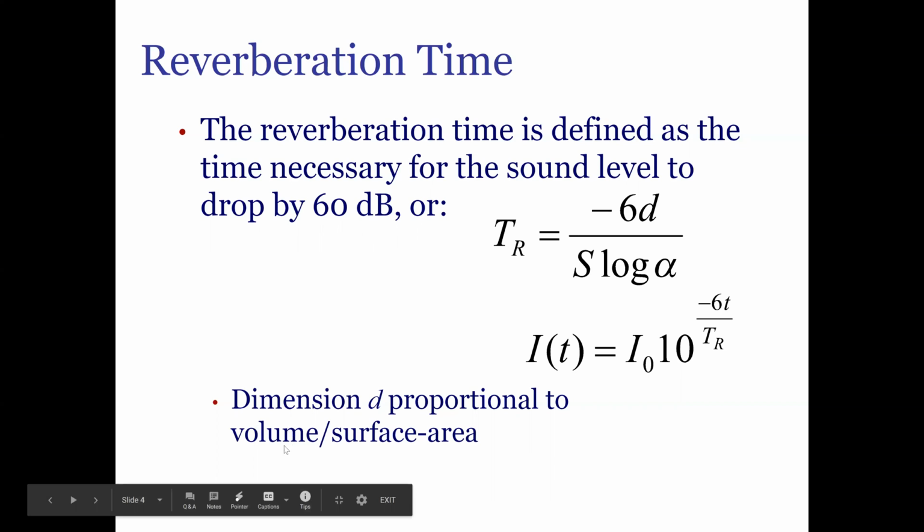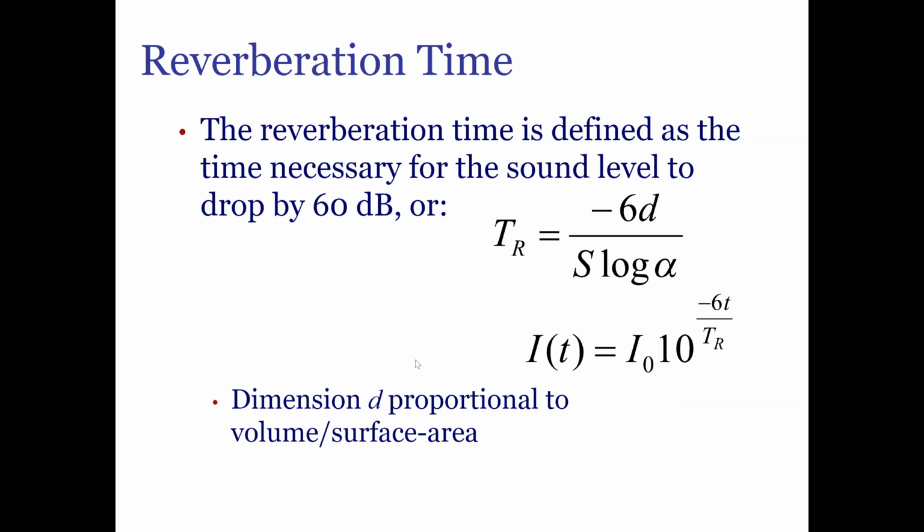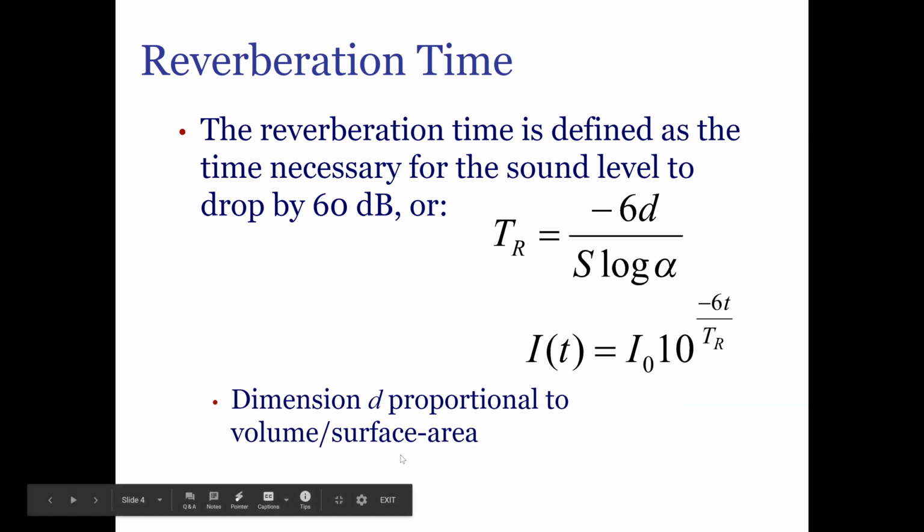Correspondingly, if you could keep the volume constant somehow, but increase the surface area, that would give me a smaller D and a smaller reverb time. There are a couple of questions in the homework that ask what happens if you change the volume or what happens if you change the surface area. This is considering keeping the other variable constant.